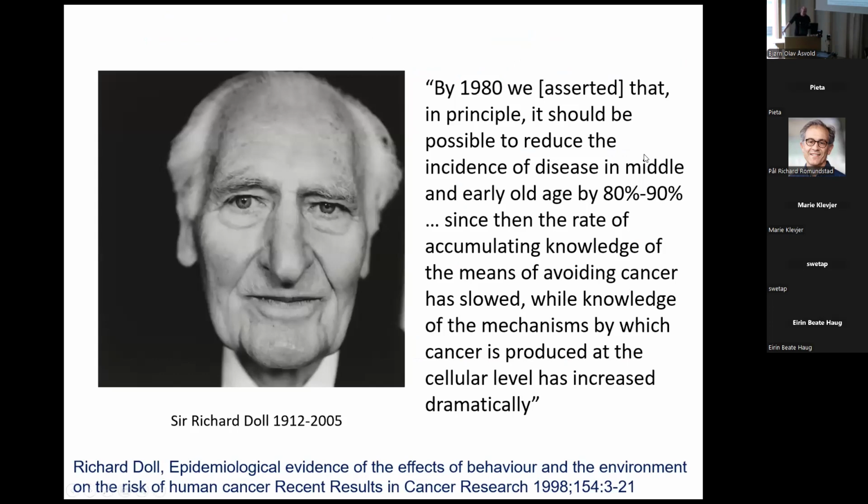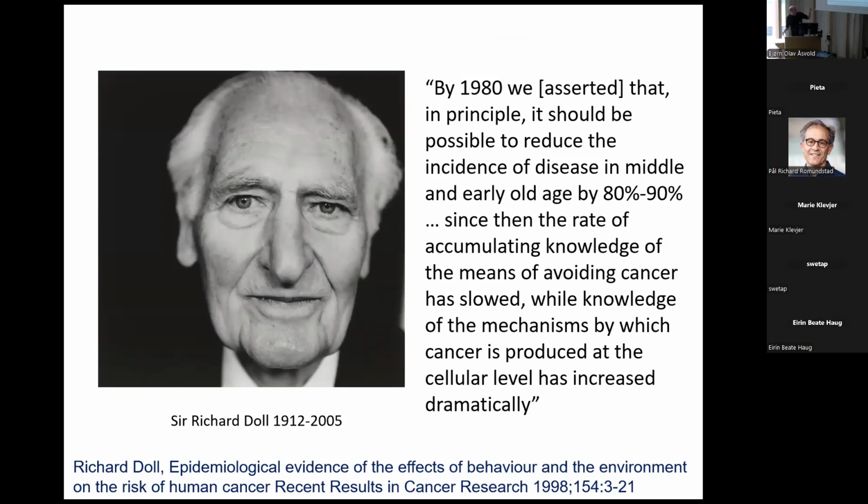And Richard Doll, in fact, wrote a piece 21 years after his prediction that things would be solved in 10 to 20 years, which basically said it had been very disappointing what had been identified.